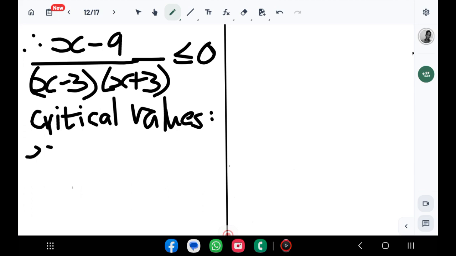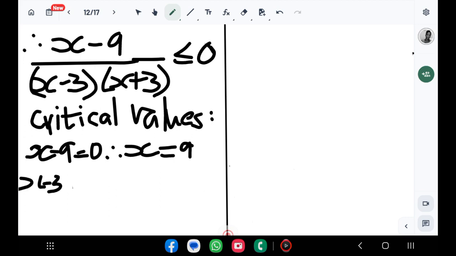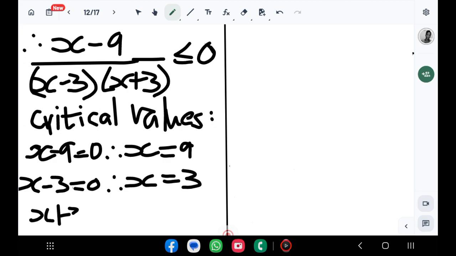We take the first factor, x minus 9 equals 0, therefore x equals 9. Next factor, x minus 3 equals 0, therefore x equals 3. Next one, x plus 3 equals 0, therefore x equals negative 3.